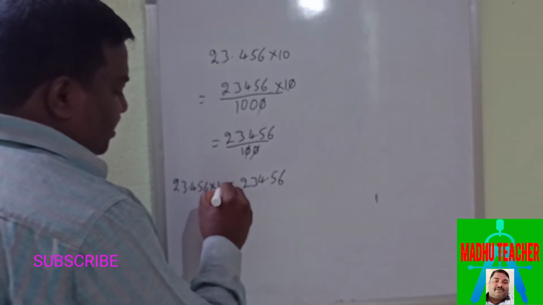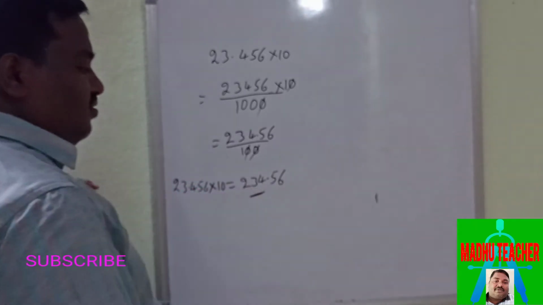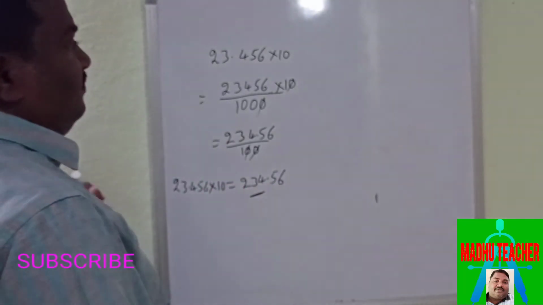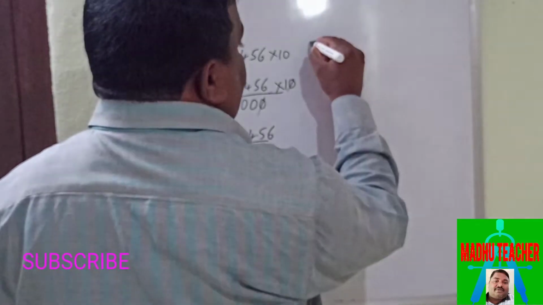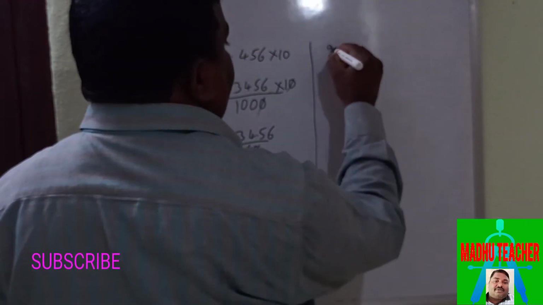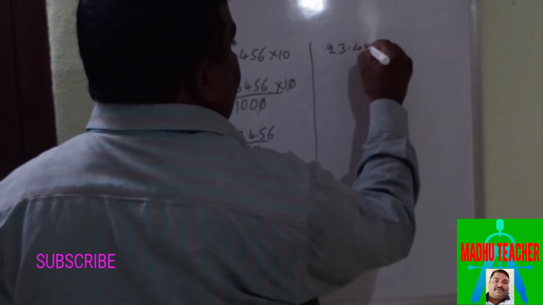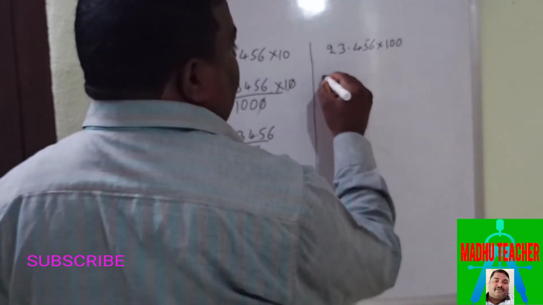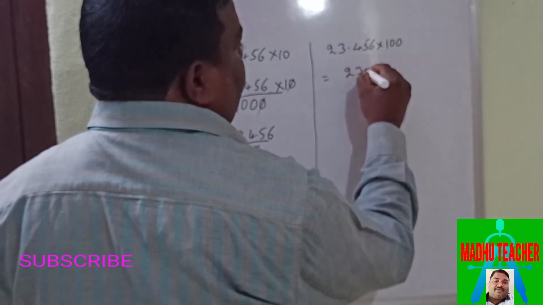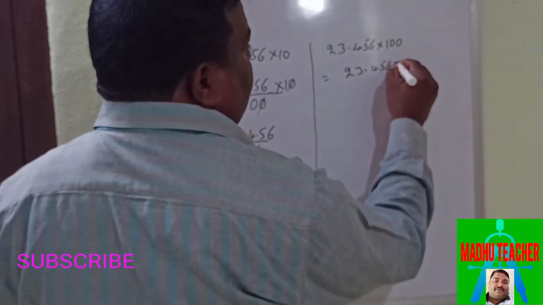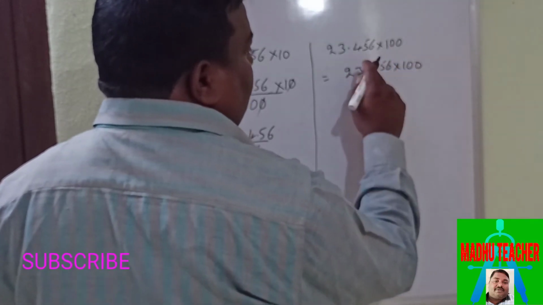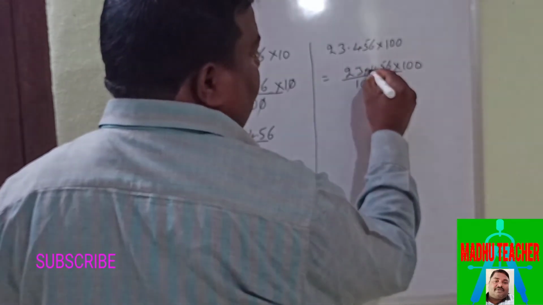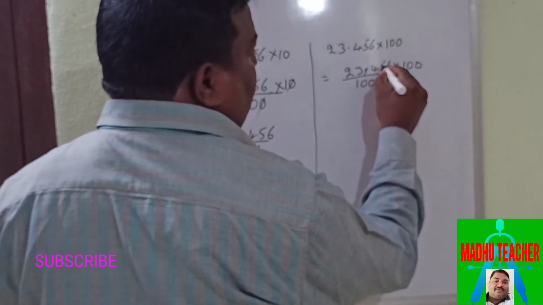That means 23.456 into 10 equals 234.56. Suppose the same 23.456 into 100. By cancelling the point we'll get 23,456 by 1000, because after the decimal point there are 3 digits.